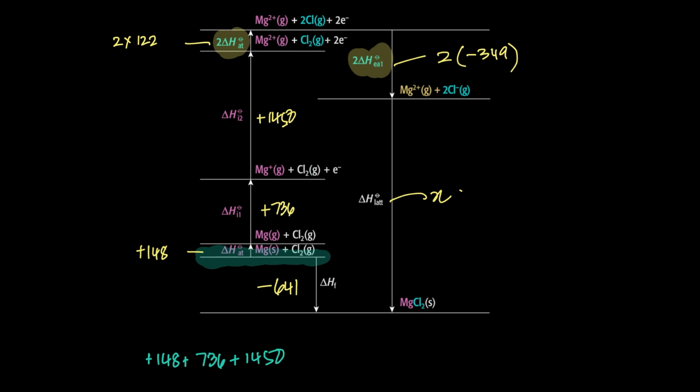And then the non-metal will be 2 times 122 and 2 times minus 349. But lattice energy is just X. It's not 2 times, because it's making 1 mole of the compound. And all of this will equal minus 641. And then you calculate the value for X.